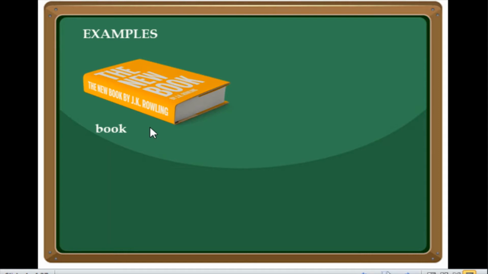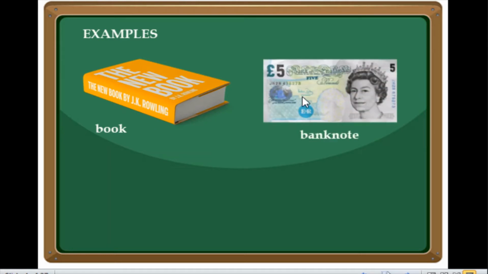What else? You saw it right. It's a banknote. A banknote is another example of an equiangular quadrilateral.